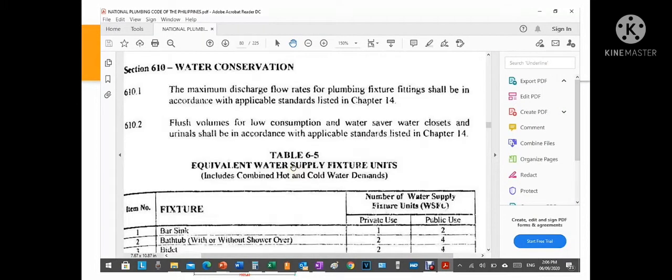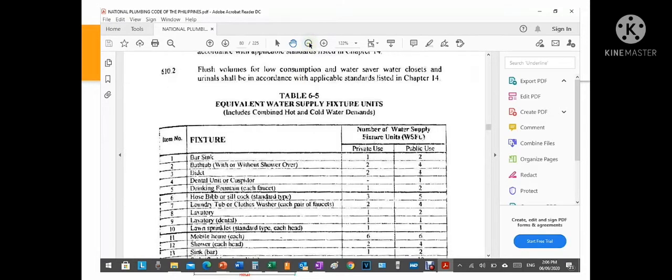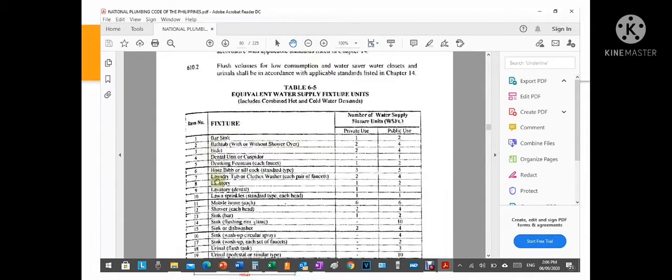Table 6-5 shows the type of fixture and its equivalent water supply fixture unit. We have encountered fixture units already in our previous lesson.